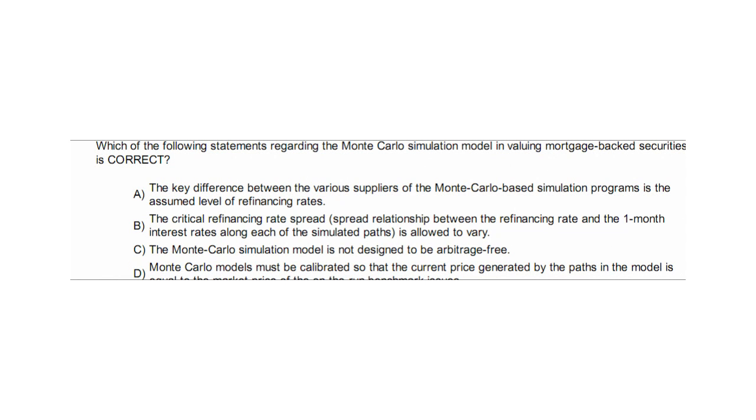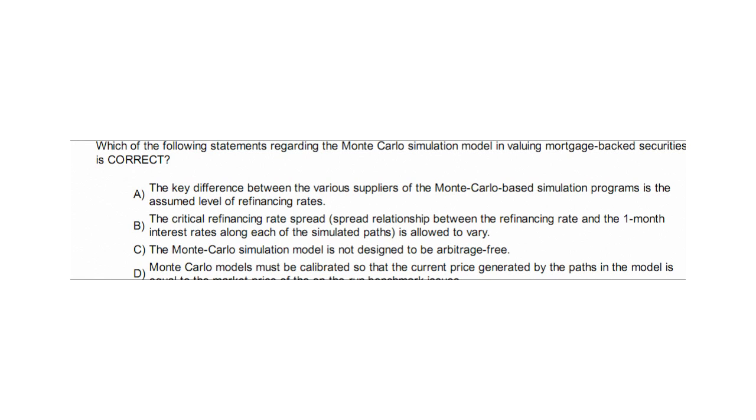We move to the next question, and it says which of the following statements regarding Monte Carlo is correct? The key difference between various suppliers of Monte Carlo simulation programs is the assumed level of refinancing. This is weird. The suppliers would give you all the things. It's nothing to do with the suppliers.